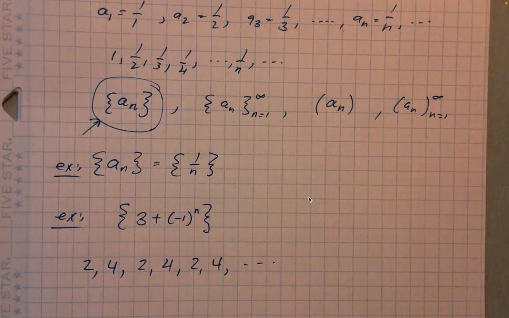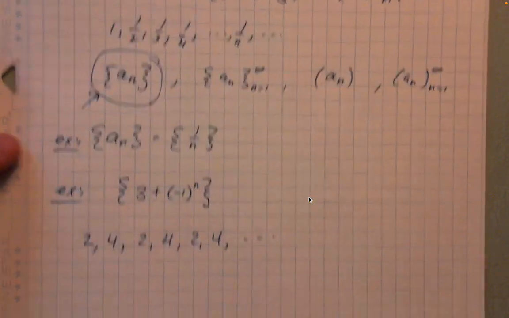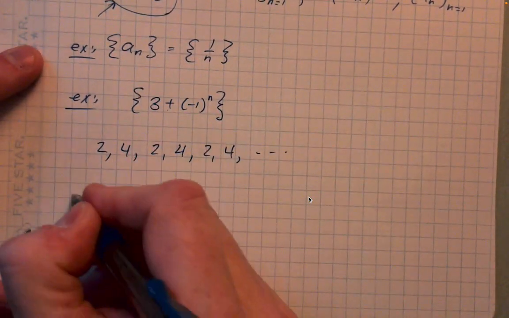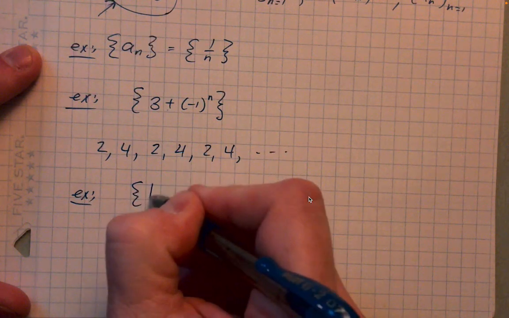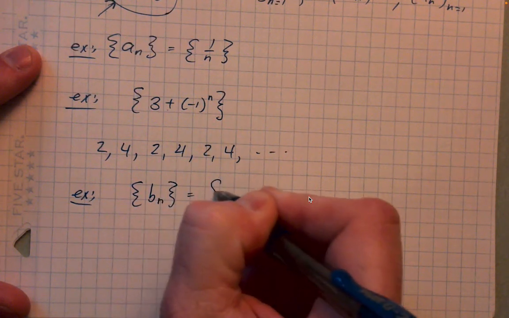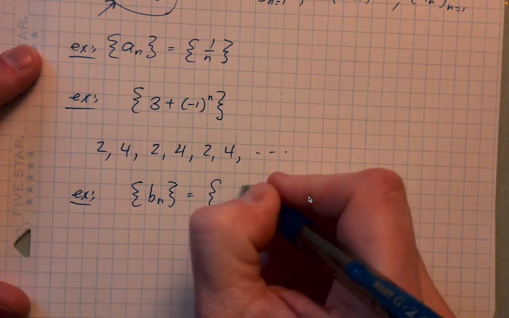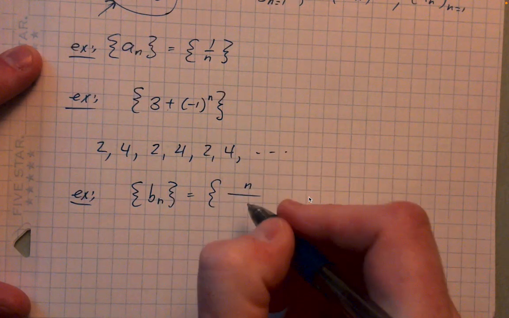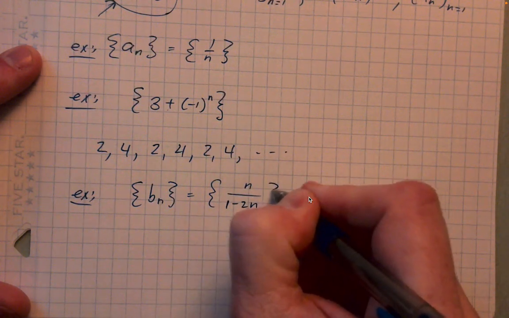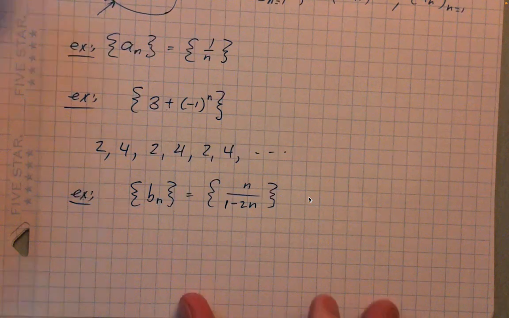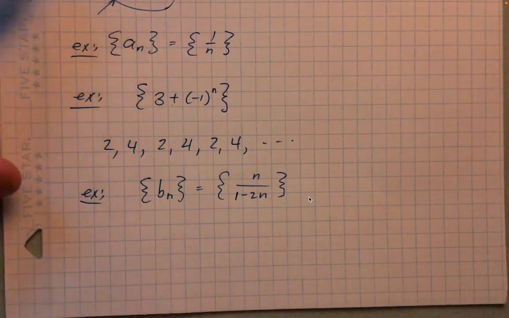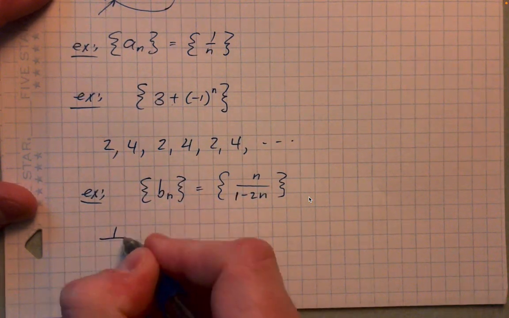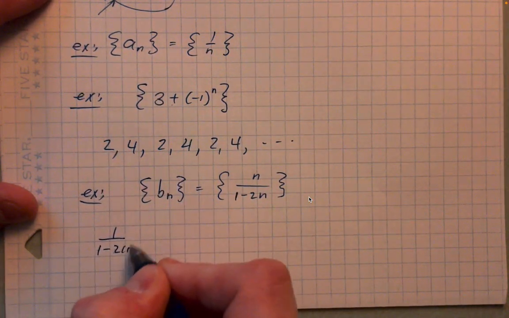Okay, so that's just an example. Let's see another example of a sequence. What about this one? Let's call it b_n, maybe n divided by 1 minus 2n. What are the first couple of terms of this sequence? Well, when n is 1, you've got 1 over 1 minus 2 times 1.